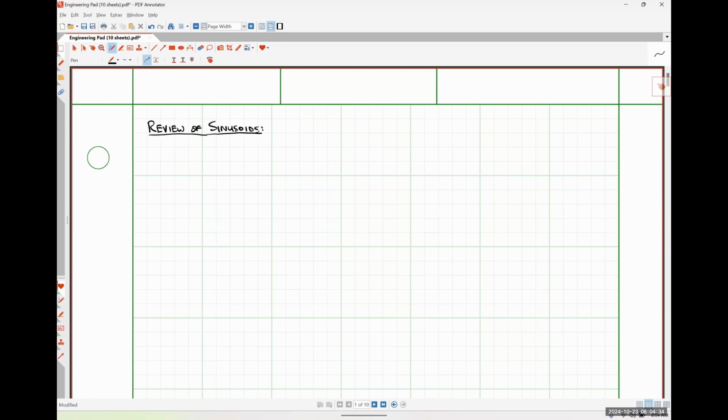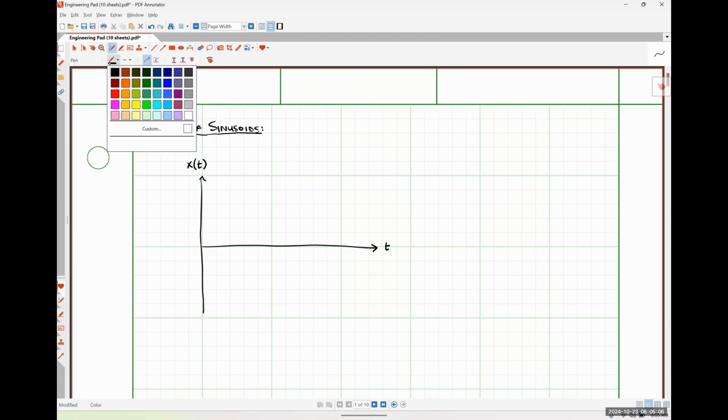So I'm going to start by drawing a picture here, and I'm going to pre-apologize for my utter inability to draw a sinusoid that doesn't look like hot garbage. So let's just say for the sake of argument right now that this is just a function x of t. It could be representative of either a current or a voltage. And it is going to be a sinusoidal function of time.